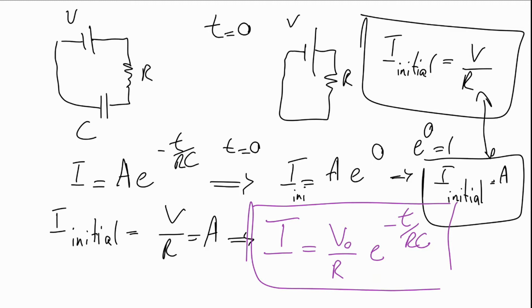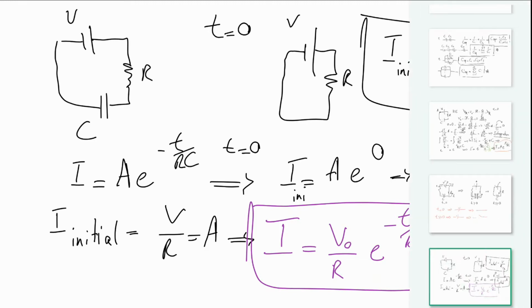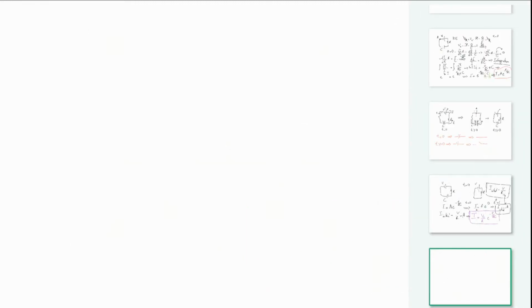So from this formula, we can easily obtain the voltage over a resistor just by multiplying this equation by an R. So the voltage of the resistor is IR.